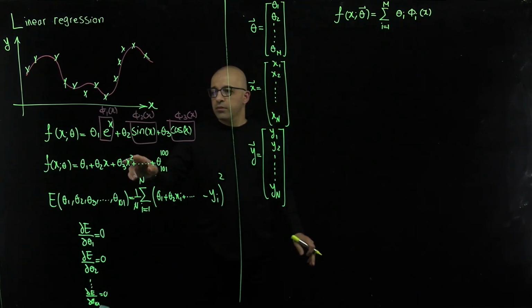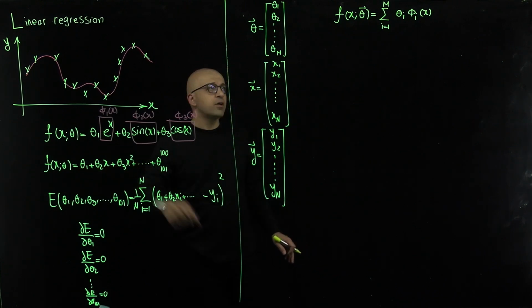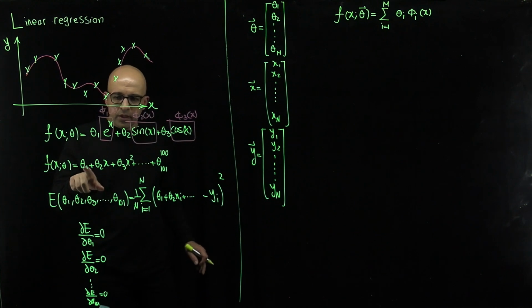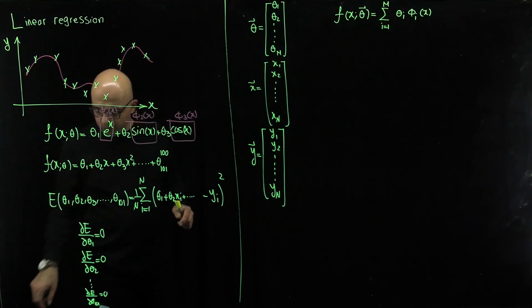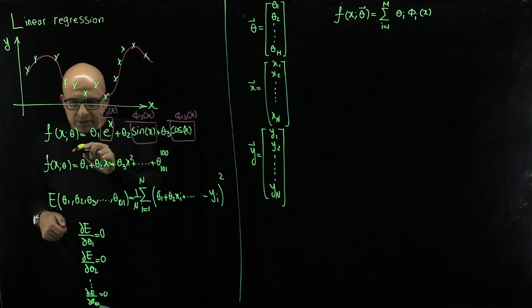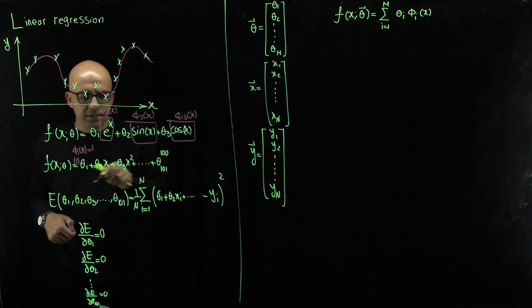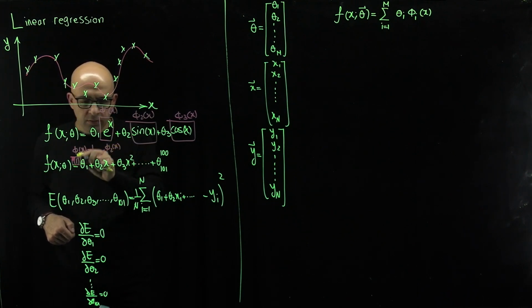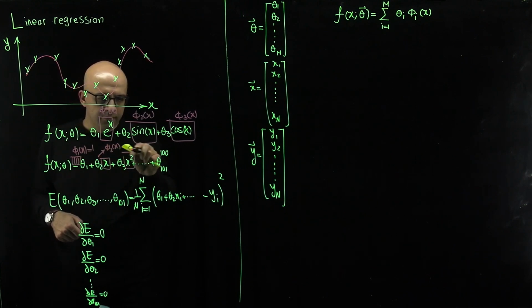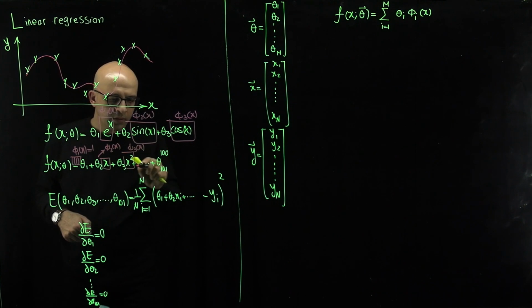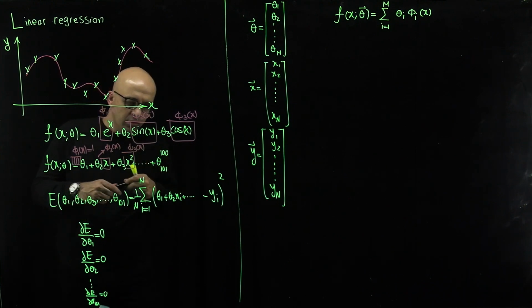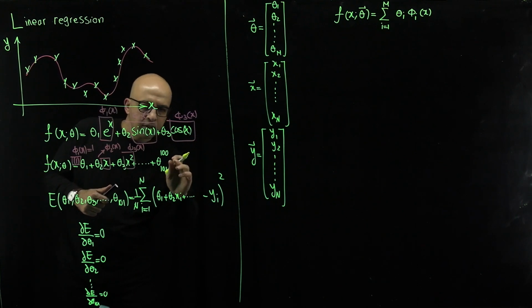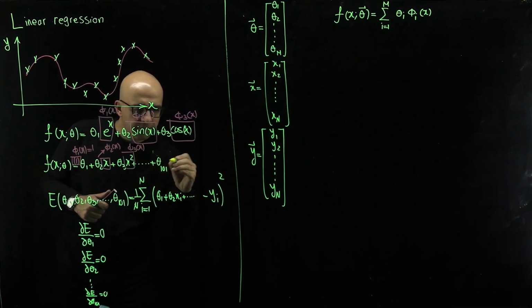And so in this case, this is the phi1 of x in this example. Phi1 of x is actually equal to 1. It's the one that is multiplied by theta 1. In here, phi2 of x is this x, and phi3 is x to the power of 2. And I think I'm missing an x here.